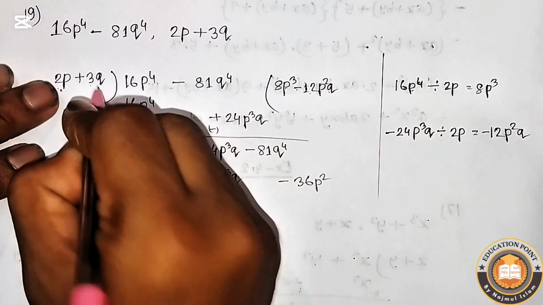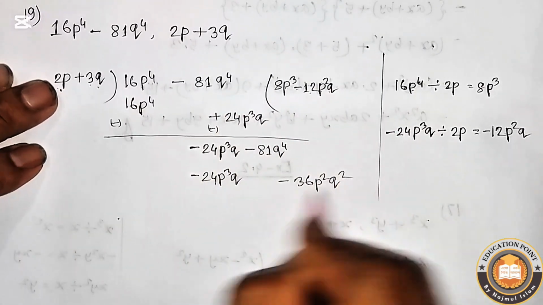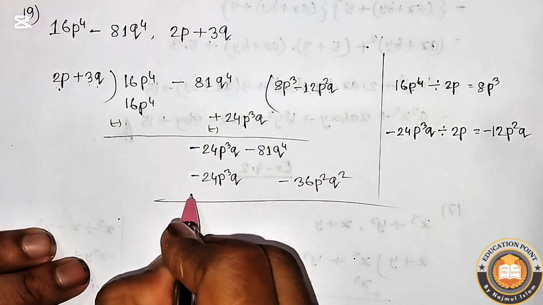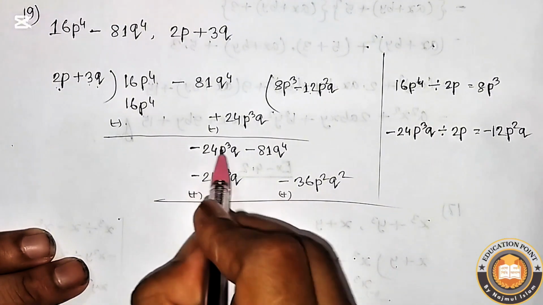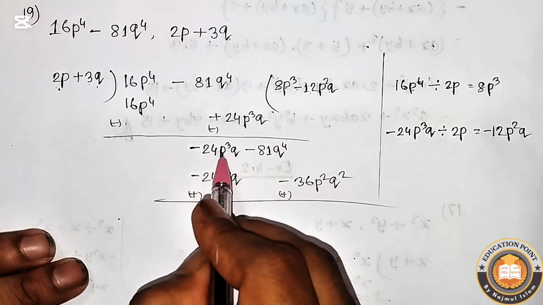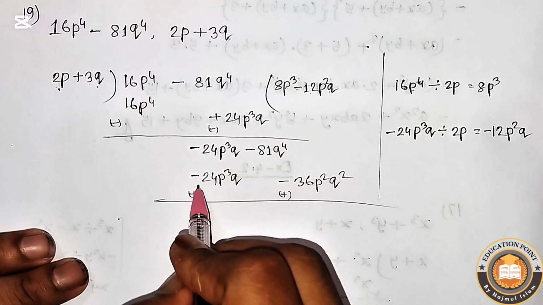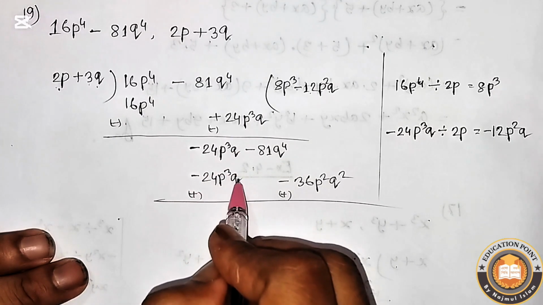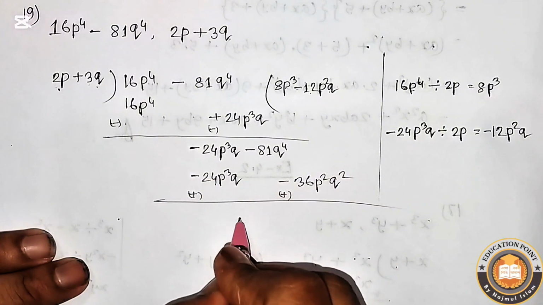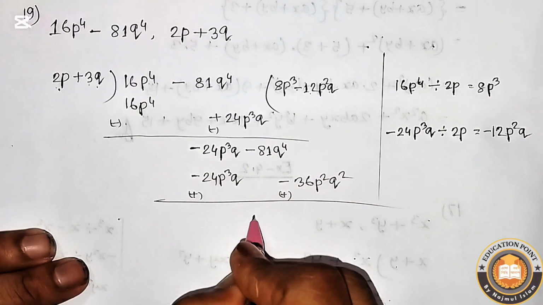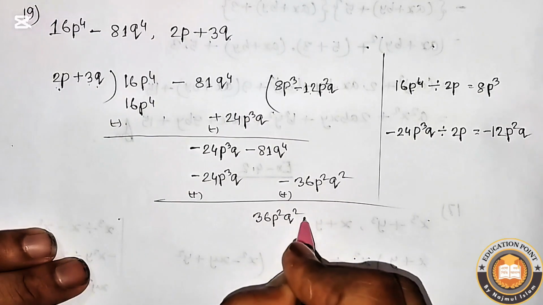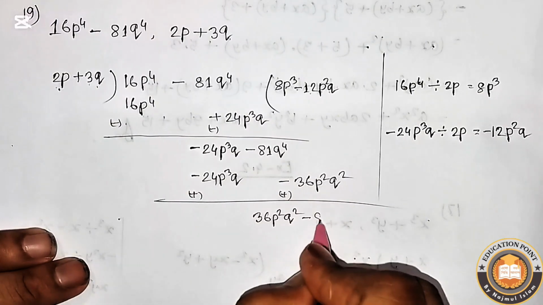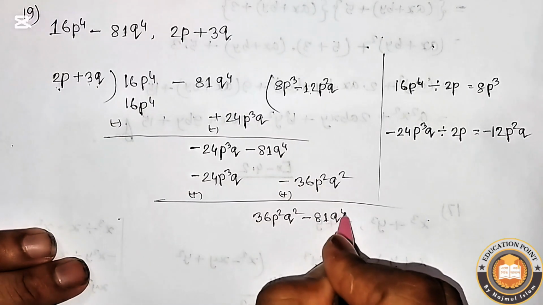Q multiplied with q equals q square. According to the division law, their symbol will be changed. Minus 24 p cube q plus 24 p cube q equals 0. So we can write 36 p square q square, then minus 81 q to the power 4.